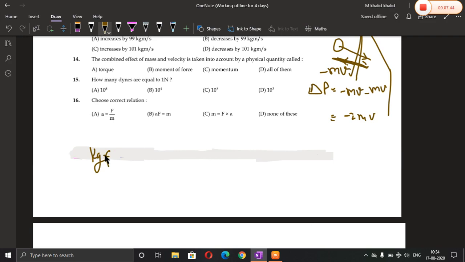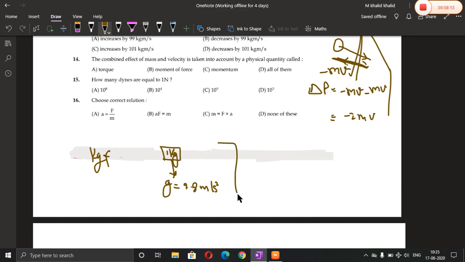It says that a mass of 1 kilogram is being accelerated by the gravitational acceleration, whose value is 9.8 meter per second square.